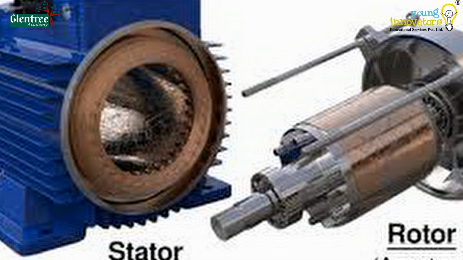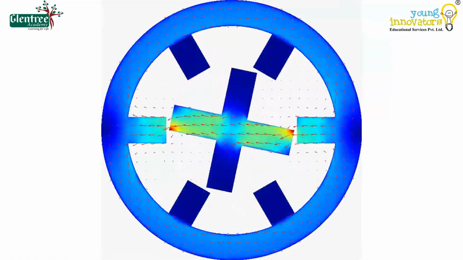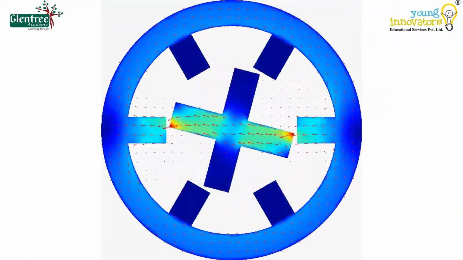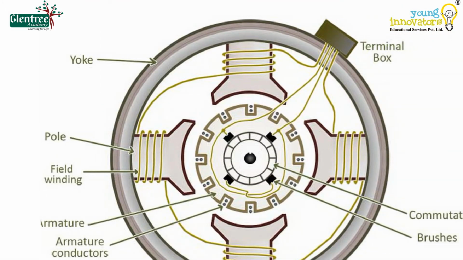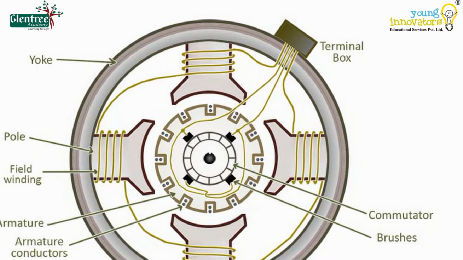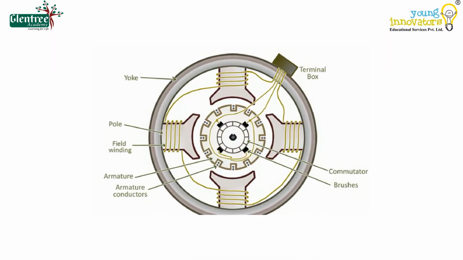Rotor is a dynamic part of the DC motor that creates the mechanical rotations of the unit. A yoke is a magnetic frame made of cast iron or sometimes steel, which works as a protector. This protective cover keeps the inner parts of the motor safe and sound and also supports the armature.